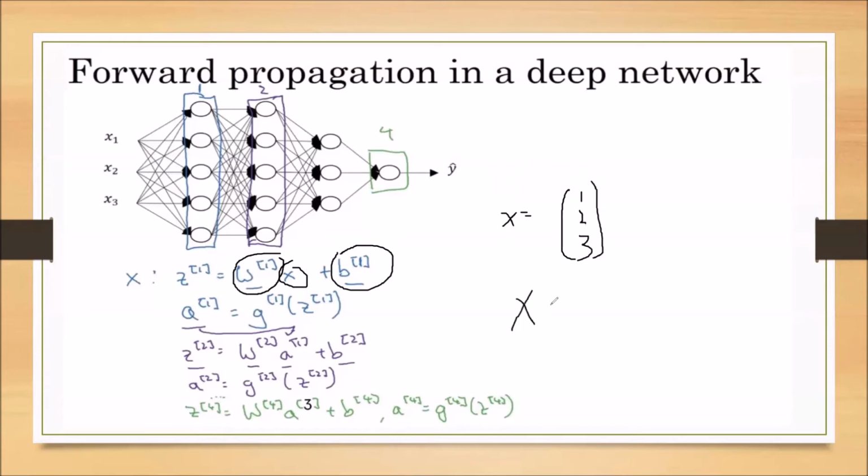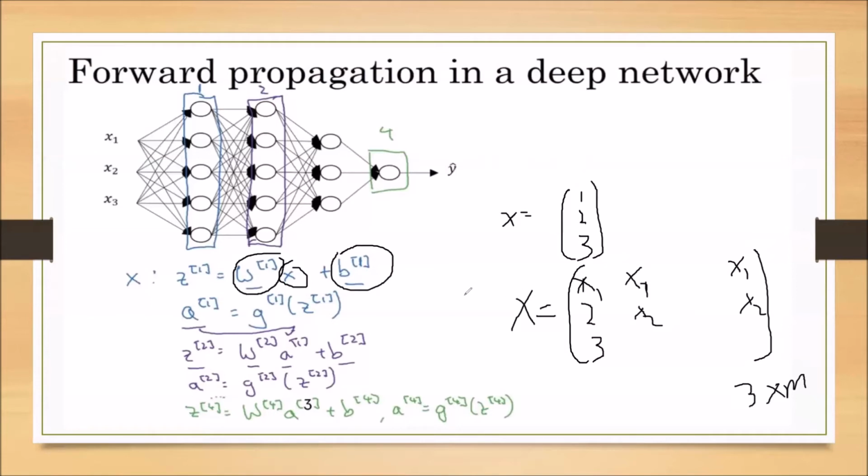Now, in the capital X, we are taking the input features of the first training sample, x1, x2, x3, and input features of the second training sample, x1, x2, x3. Similarly, input features of the mth training sample. So the capital X matrix is changed to a 3 by M matrix.